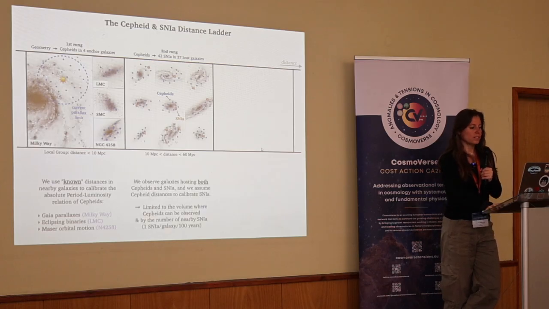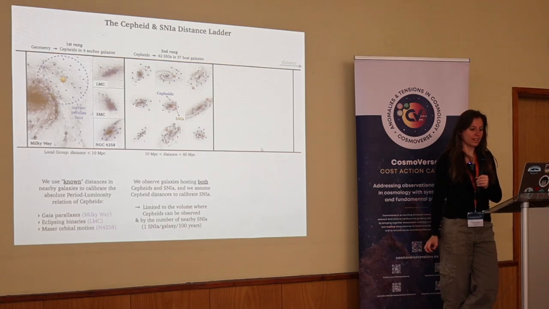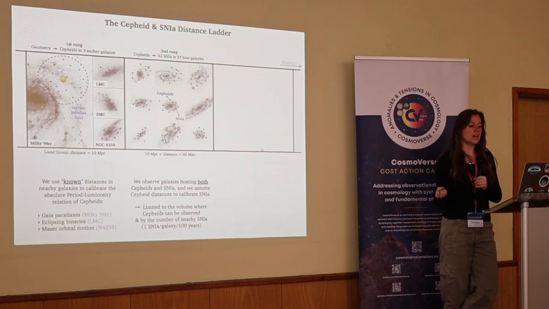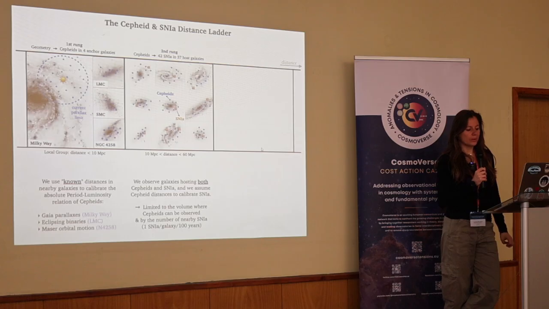So this is quite tricky because you need to have both in the same galaxies. And it's really limited to the volume where you can still see the Cepheids, but also have supernovae. And supernovae 1a are not so common. It's really rare. There's about 1 per galaxy exploding every century.